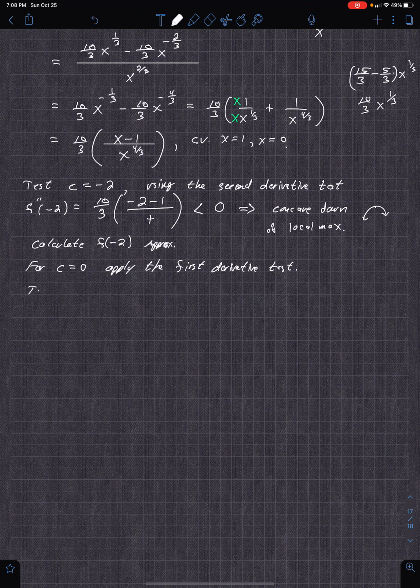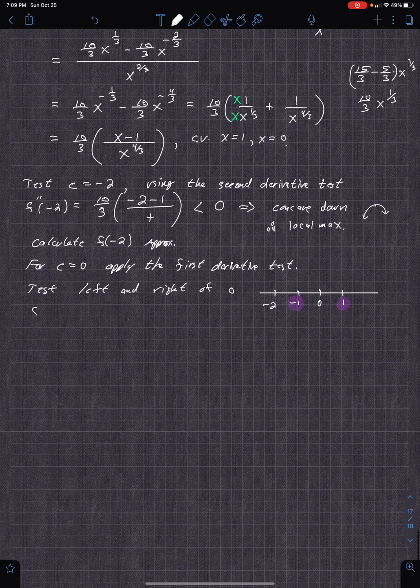So we want to test left and right of 0. So here's 0, and then our -2 is down here. So you want to pick, like 1 and -1. So those are the values you want to test.